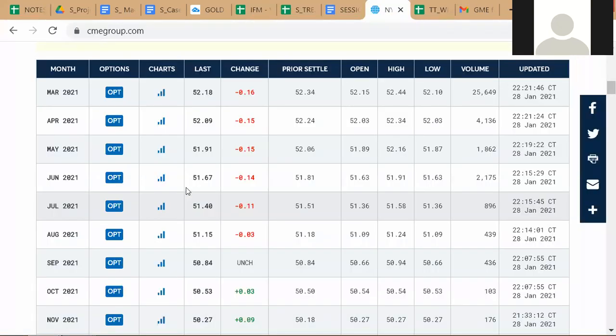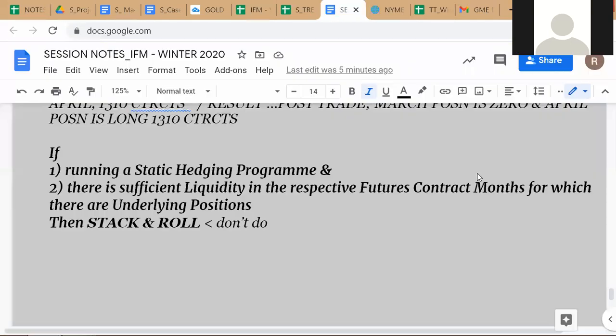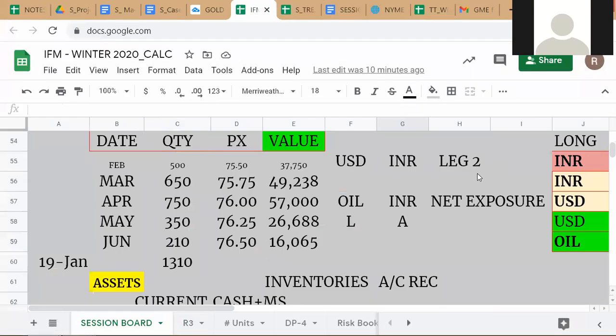Let's look at the prices. Let's look at the volumes. These are all contract based. So 4,136 means actually it is volumes of 4.1 million. So 750 is our maximum position. March, April, May, June, that's all we have.